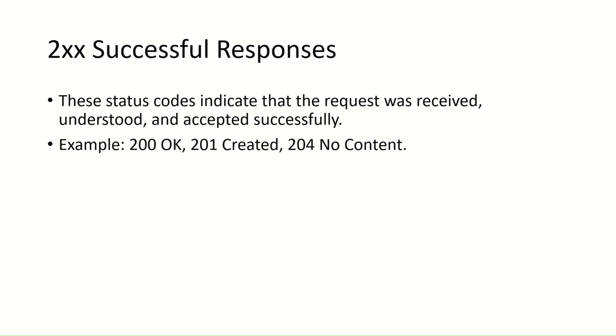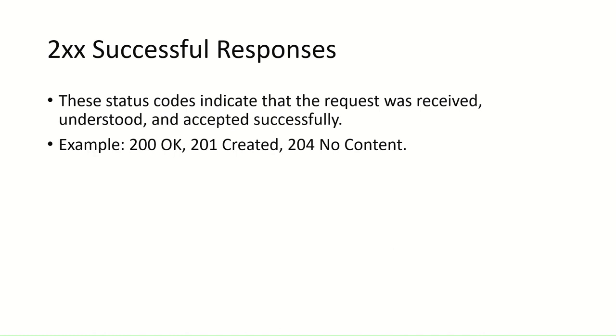The client hits that API, the request goes to the server, it was received, understood and accepted by the server, and then it returns some response to the client. That is called a successful response, and that category belongs to the 2xx. So when the client has used one API and it has received the response, in that case you have to use these 2xx HTTP status codes.